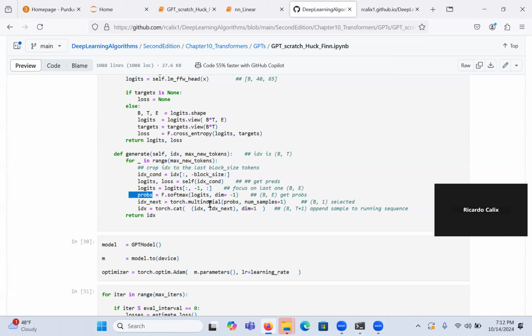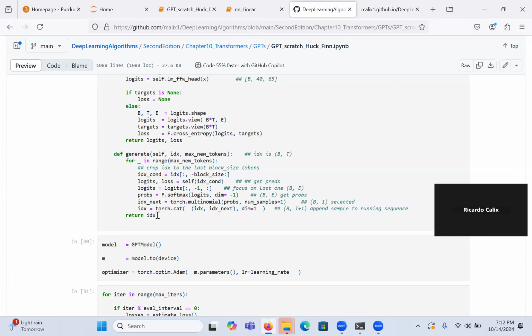And then from here, you use torch multinomial to select basically the index of the highest value. And then this IDX gets added. So IDX next and IDX, which was the original one, get concatenated. And now IDX has one more element, basically.